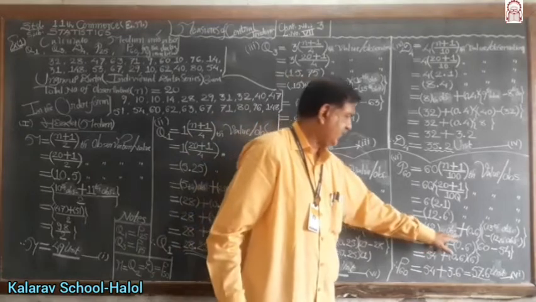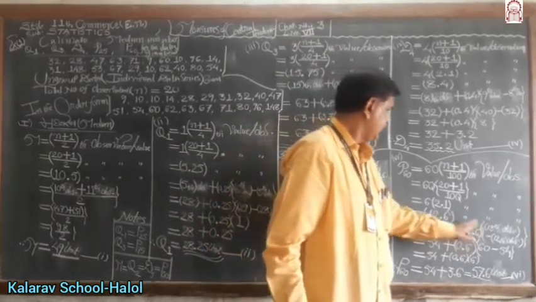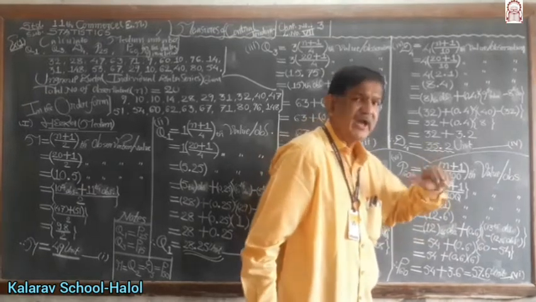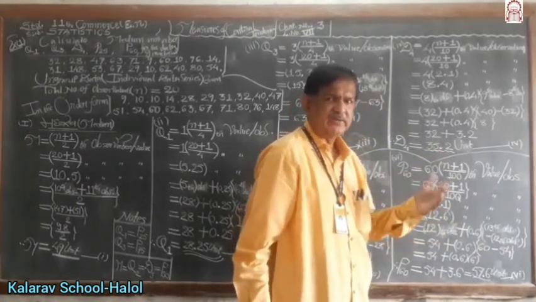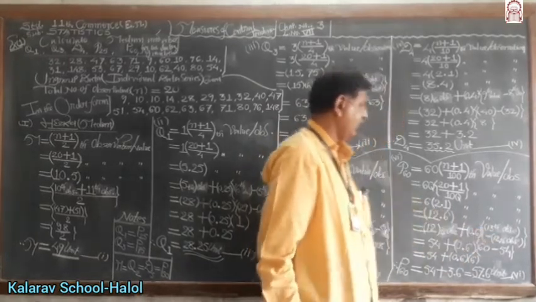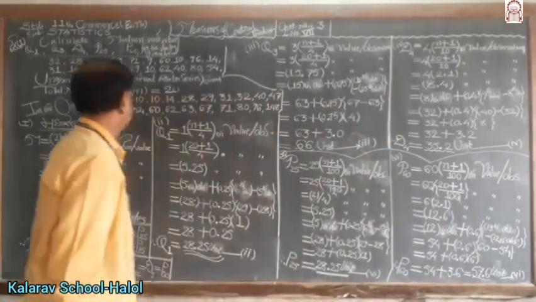Therefore, the 12th observation plus 0.6 times the 13th value minus the 12th value, because 12.6 lies between 12 and 13.